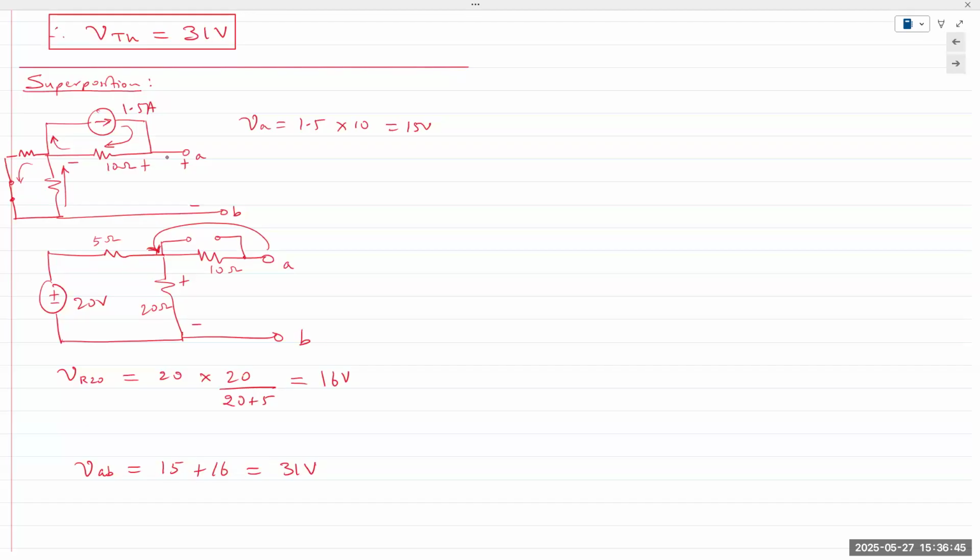And so if there's 15 volts over there, this becomes, let me redraw the circuit so that everybody understands it clearly. It's a good question. Let's say this is the 5 and this is the 20 ohm, right? Let me draw the current source on its side. So you have the current source going here, and I have the 10 ohm resistor in parallel. This point is A. This point is going to that resistor connection.